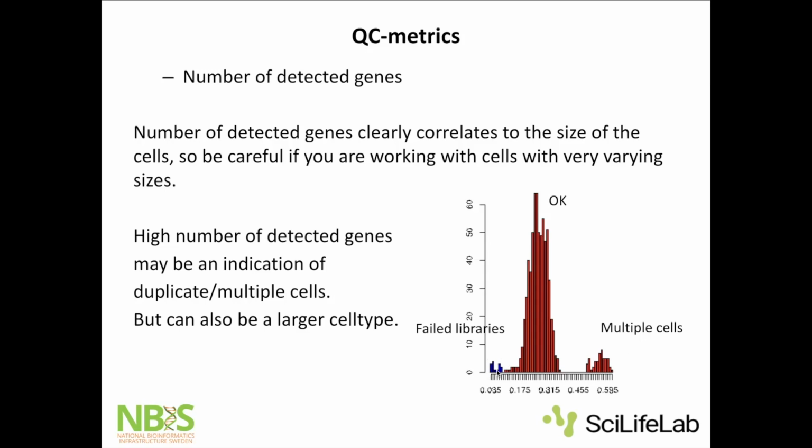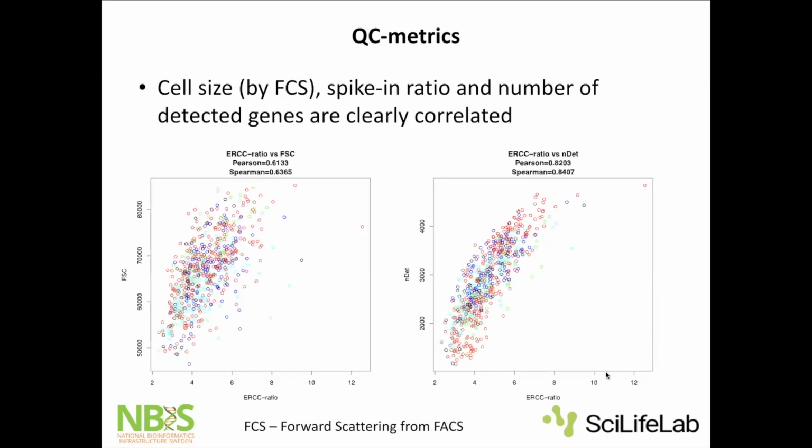So just looking at the distribution, you can quite often see the doublets having higher numbers and the failed libraries having lower numbers of genes. But it's tricky because these could be two very distinct cell types having very different numbers of genes, but it shouldn't be this distinct, perhaps.